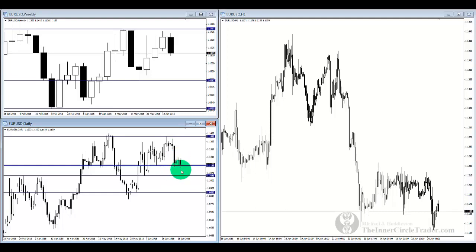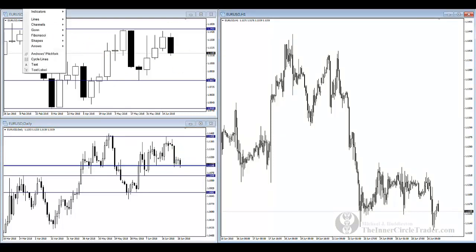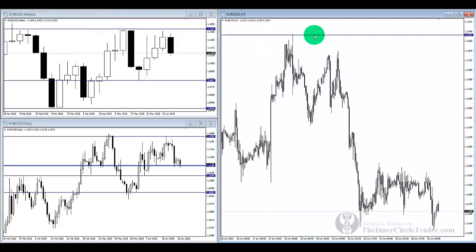So those are the two levels, 114.35 and 110.50. Those are the levels that we could take and transpose over to our 1 hour chart. 114.35, which is the high here.